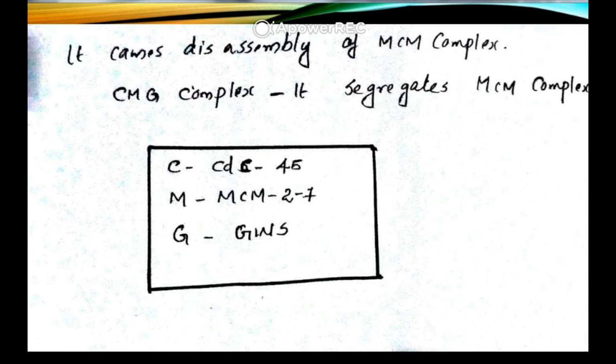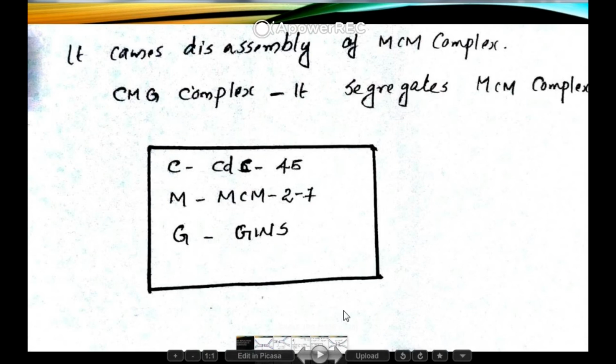So this CMG is no longer in an active bound state, and all the cofactors are removed from these strands, and hence DNA replication is terminated.